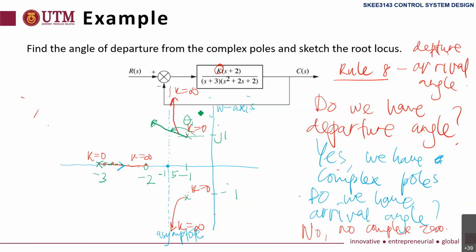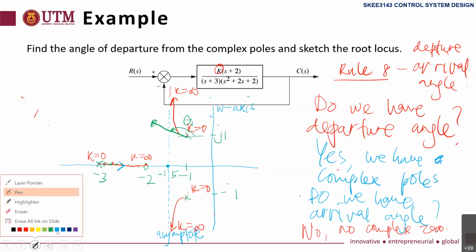Departure angle is actually to help us to start the root locus. Of course, this is just a sketch, not an exact one. It's just to guide us to start the root locus.